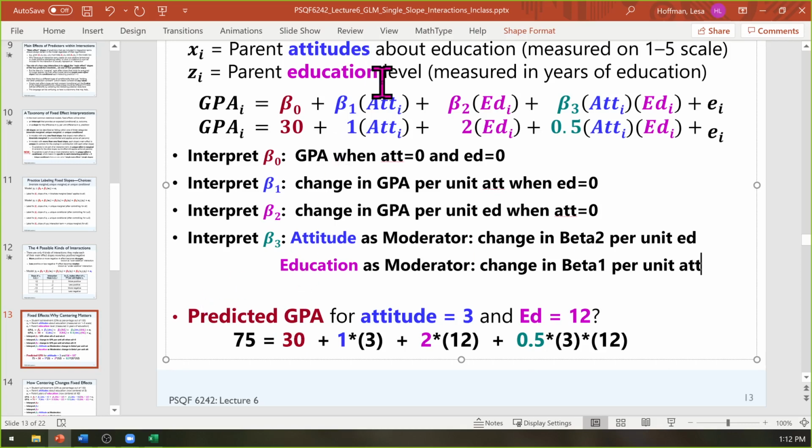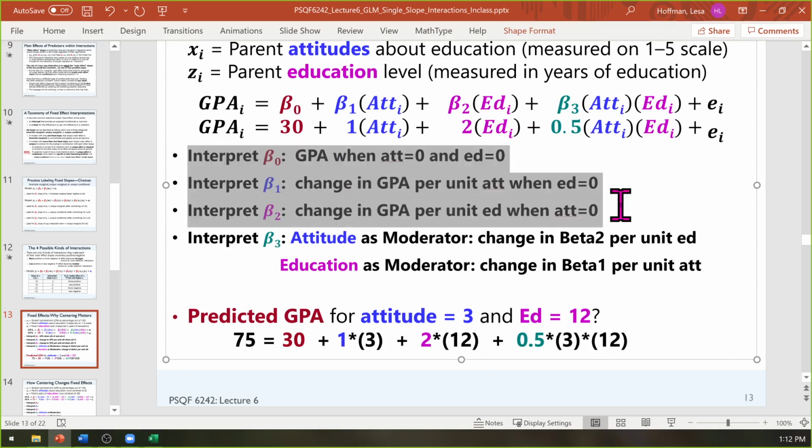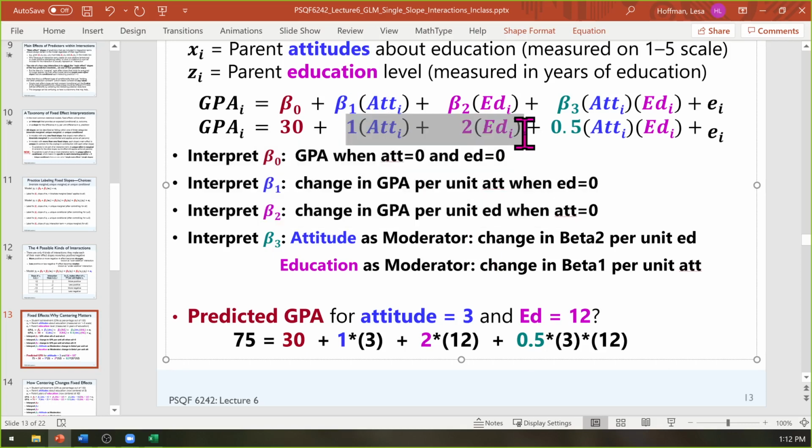So we could use this equation, even though 3 out of the 4 terms are kind of garbage. The equation still works because it tells us for any combination of these predictor values what the expected GPA would be and what the expected simple slopes of these variables would be. The trick is knowing how to ask for it.